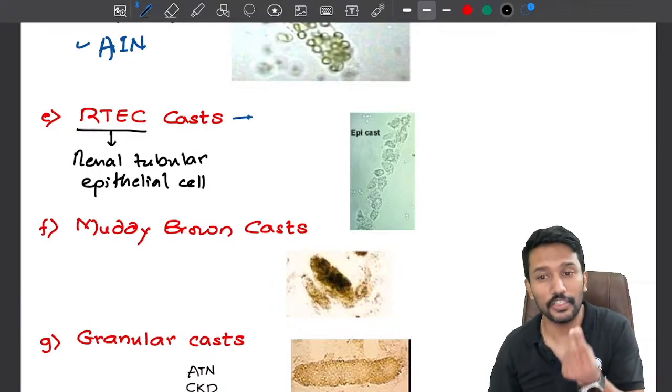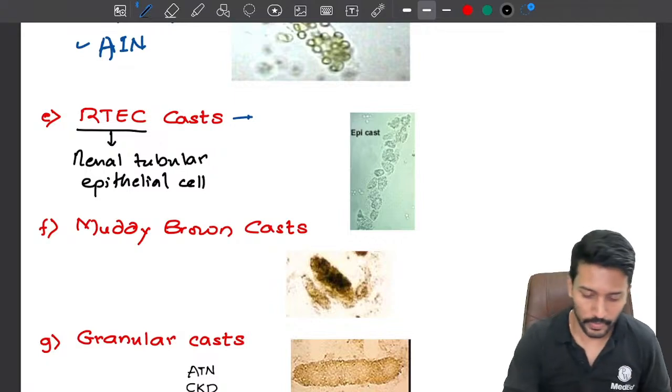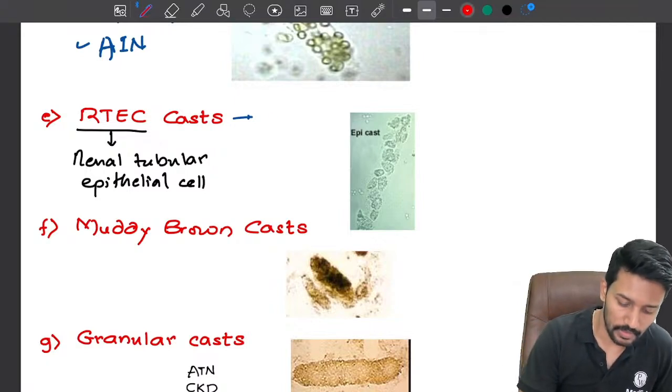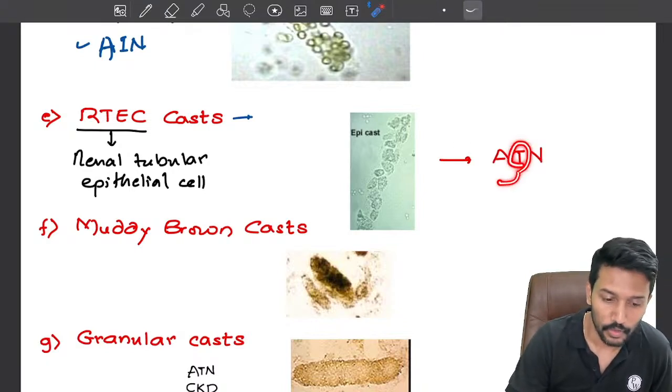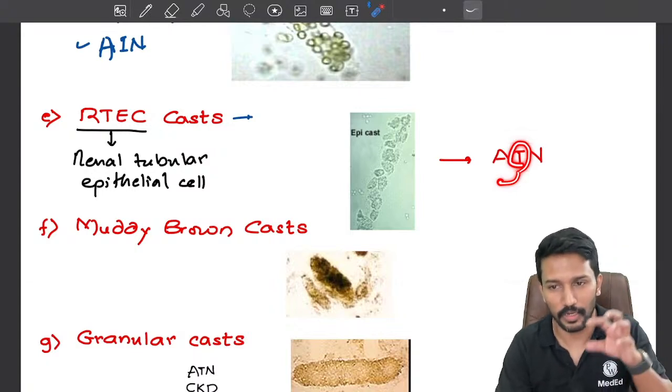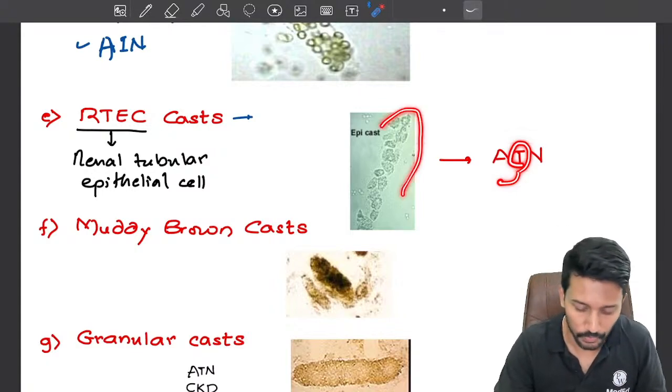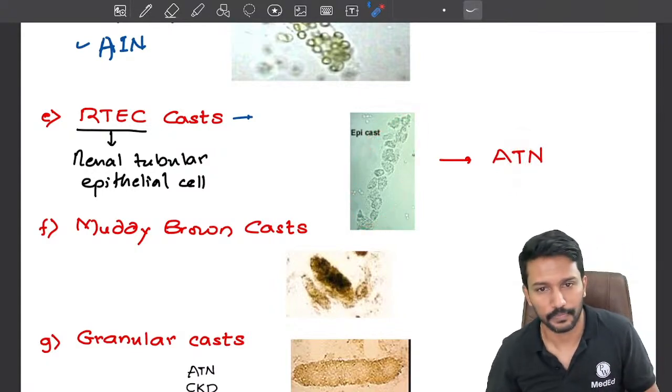So obviously there should be injury to the renal tubules. When there is injury to renal tubules, we call it acute tubular necrosis, right? It is seen in ATN, acute tubular necrosis. So when there is damage to tubules, those cells will be shed, those cells will load onto the hyaline cast, giving you the epithelial cell cast.